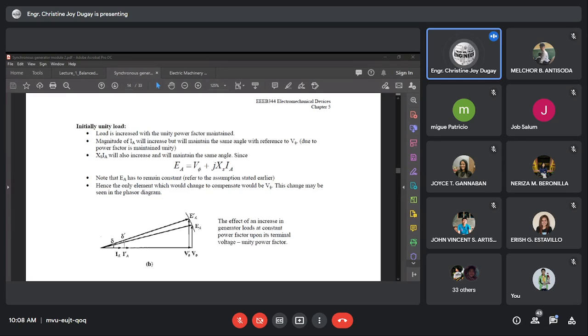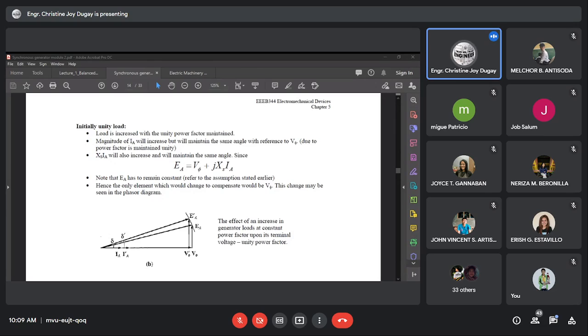Okay, so the magnitude of IA will increase, and then the XSIA will also increase and maintain the same load angle. Note here that EA has to remain constant. Hence the only element that would change to compensate is V phase. This change may be seen in the phasor diagram.